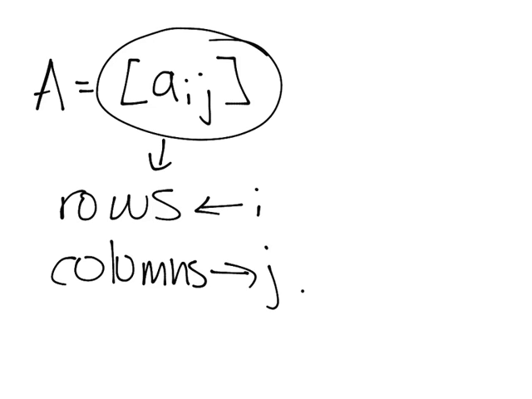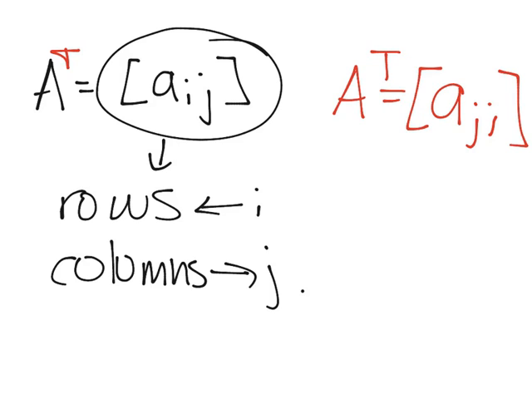You might see this kind of notation in your textbooks. And if we get the transpose of A, we would have this new matrix, which is Aji.